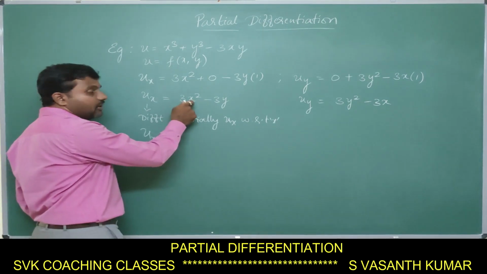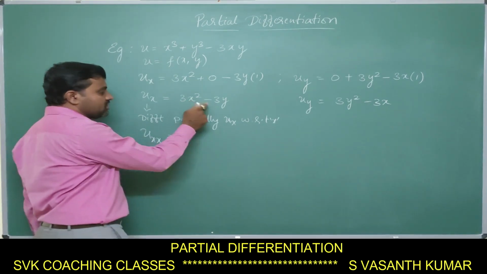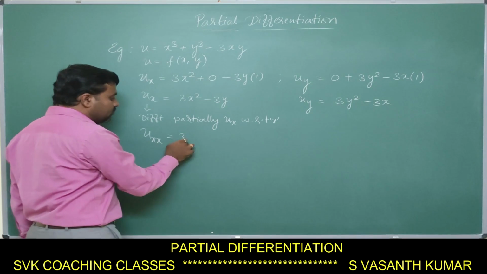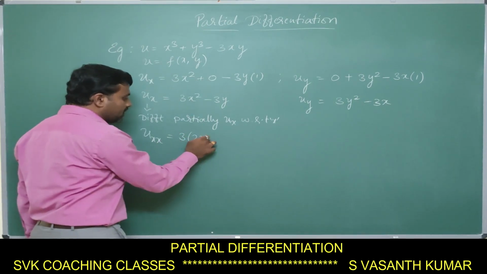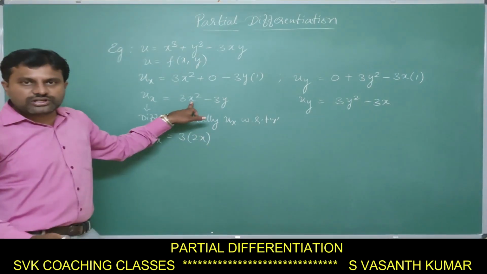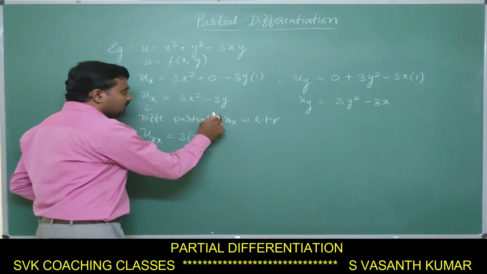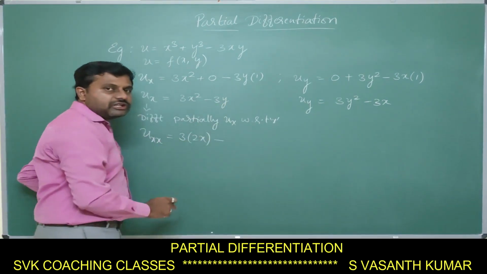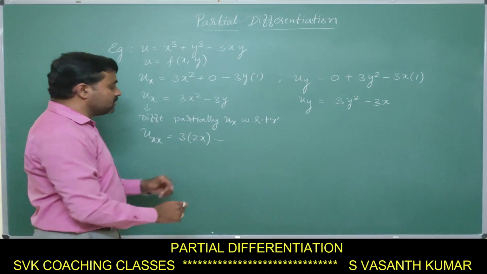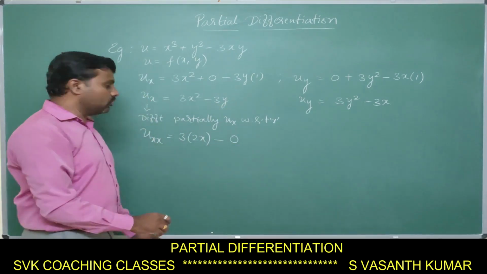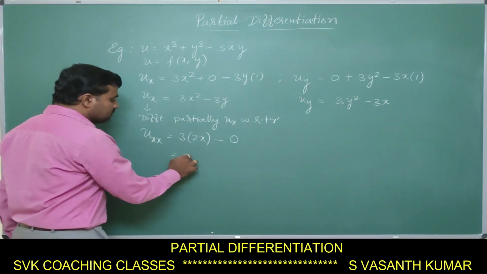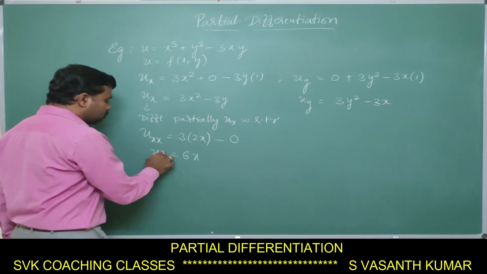The partial derivative of 3x square with respect to x is 3 into derivative of x square, which is 2x. Differentiation of x square is 2x. Minus, as we are treating y as constant here, 3y is constant, derivative of constant is 0. So therefore 3 twos are 6x.